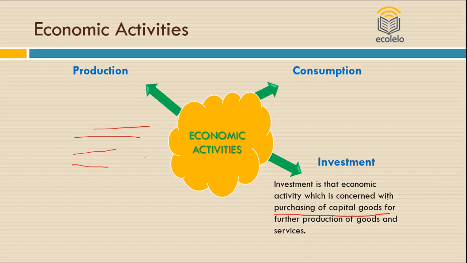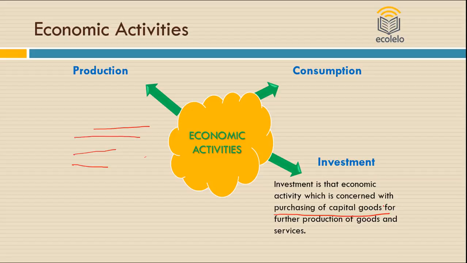So when you are purchasing a capital good, what is a capital good first of all? Now, when we study core economics, like microeconomics, macroeconomics, there we are going to talk about these capital goods, these investment, etc., in detail. As of now, we can simply understand that capital goods are basically the tools.